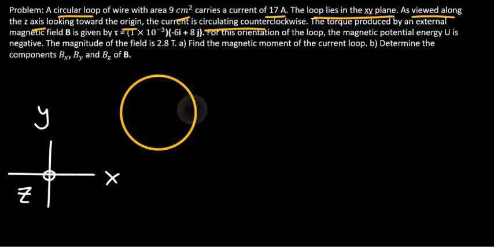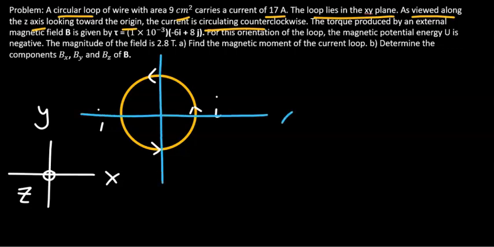That means the direction of the current is like that. Since the plane of the loop is the xy plane, the z-axis is coming towards you, and you're looking down the z-axis towards the origin, and the current is circulating counterclockwise as represented there.